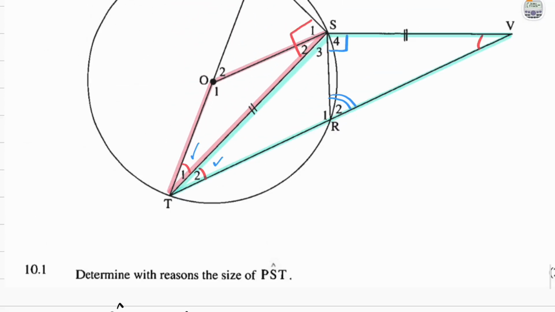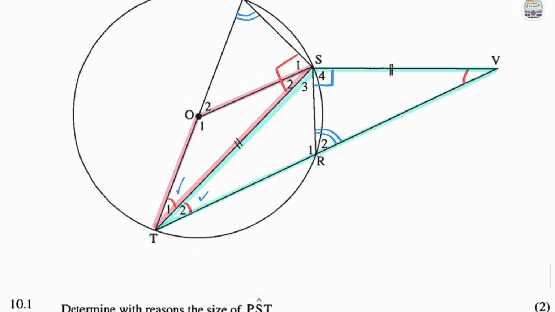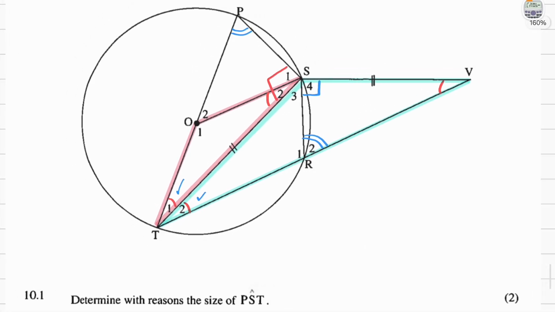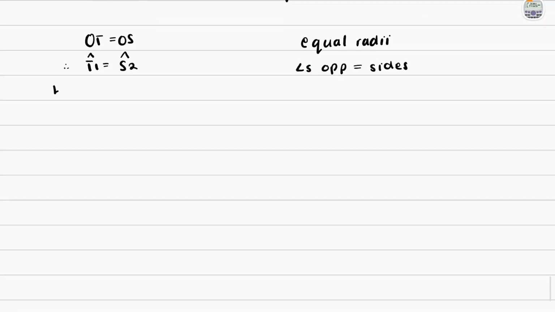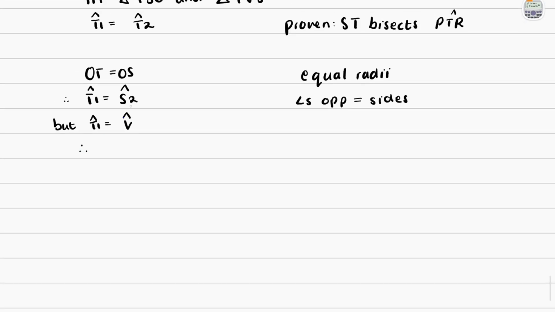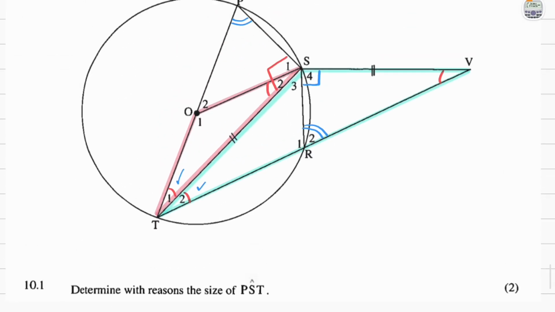If those two are equal, the whole point is to show them that angle S2 is actually equal to angle V. So we can also mention that we already knew that angle T1 was equal to angle V. So this would conclude that angle S2 and angle V are equal, like we have over here.